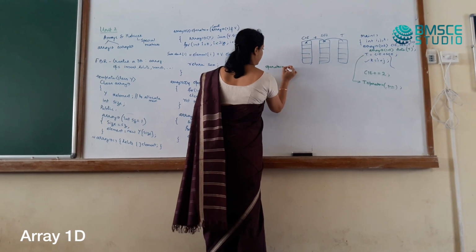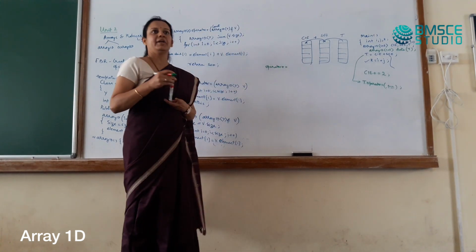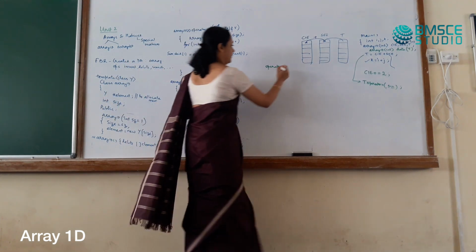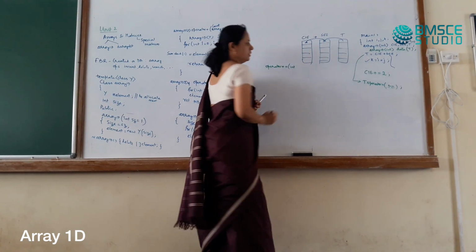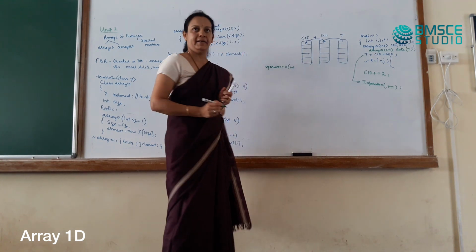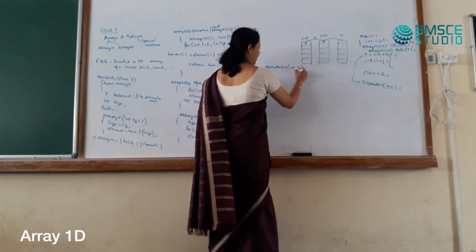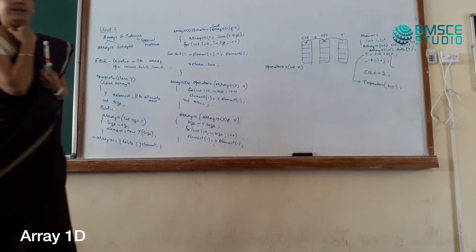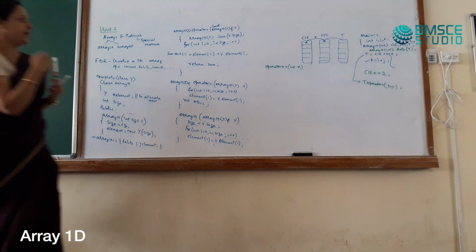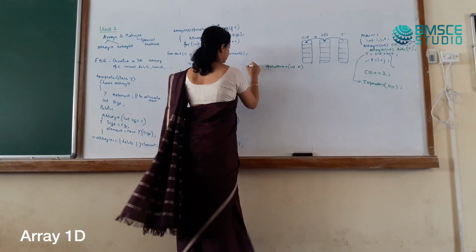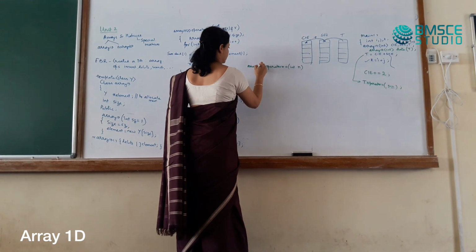Operator plus equal to. What is the argument that you are passing? Int. Let us take it in a variable n. Which object will bring us to that function? CIE. What is the return type? Array 1D address.